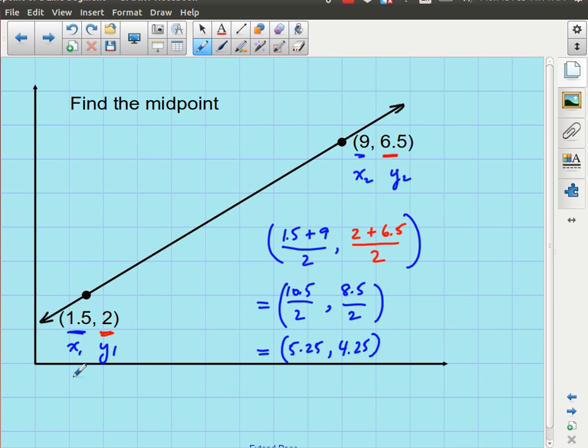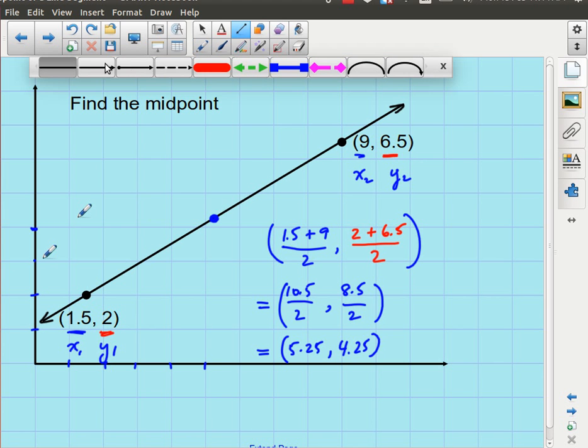the graph. Let's find those. 1, 2, 3, 4, 5.25, which would be around here. And let's double check that. 1, 2, 3, 4.25. And you can see that lines up just about right.